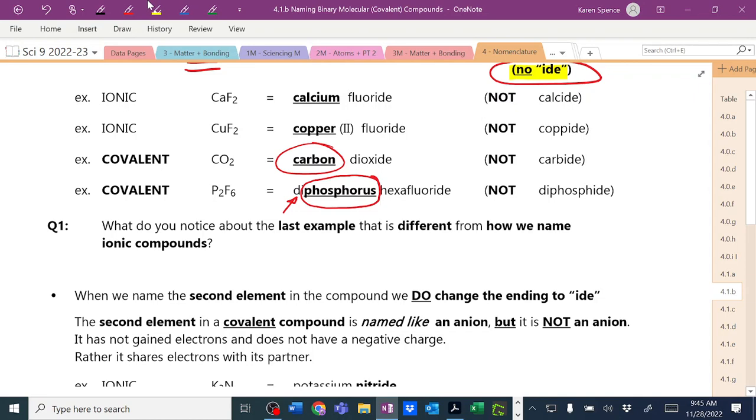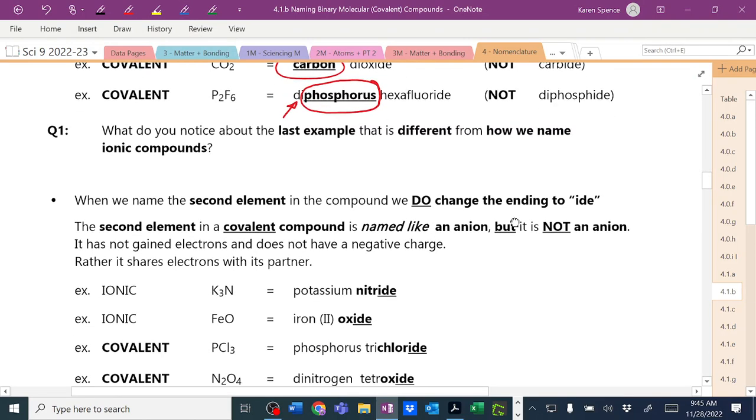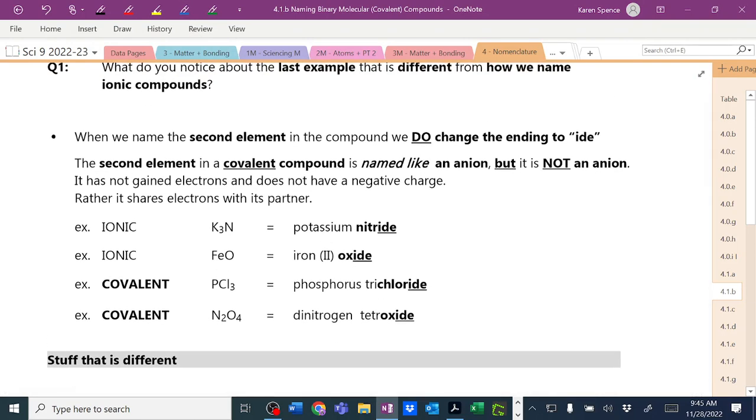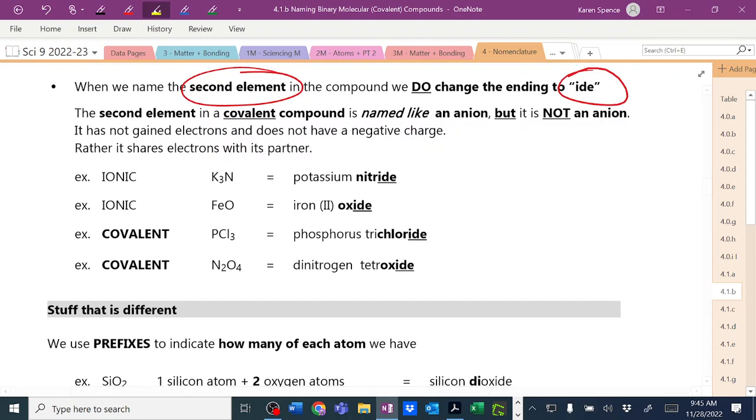When you have a covalent compound, you do use prefixes. Just like for ionic compounds, our second element does change to "ide." So in an ionic compound, it's potassium nitride, iron 2 oxide. In a covalent compound, phosphorus trichloride, dinitrogen tetroxide.